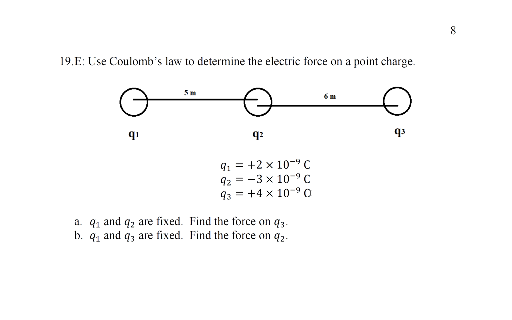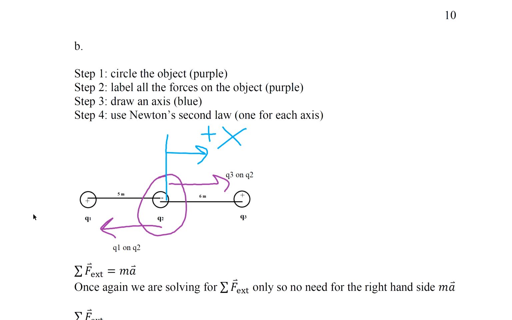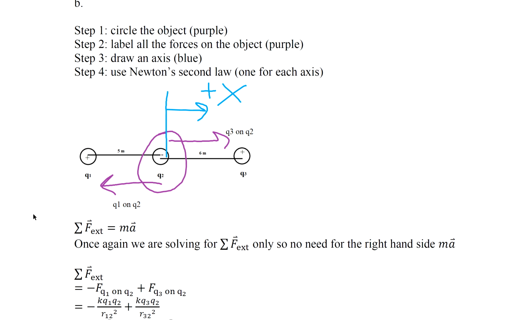Q3 is positive, Q2 is negative. So Q3 pulls Q2 to the right. So we get this. So let's find the net force on Q2. Circle the object, label the forces, draw an X and Y axis, use Newton's second law of motion. So that's exactly what I did.